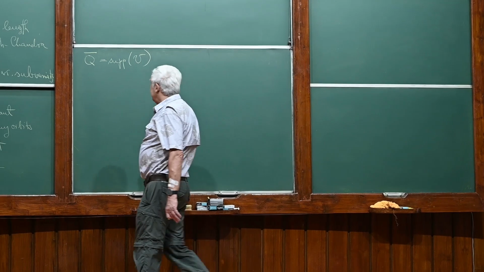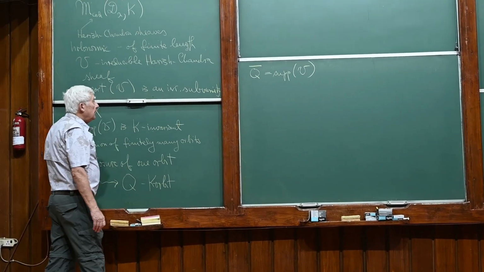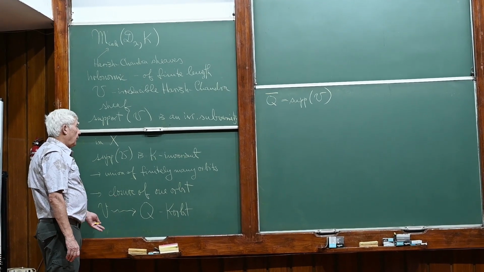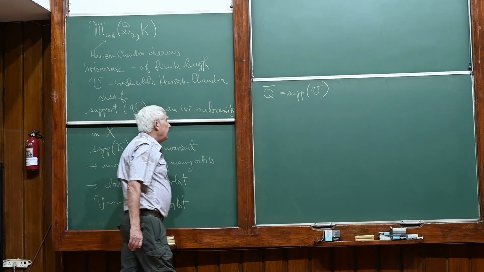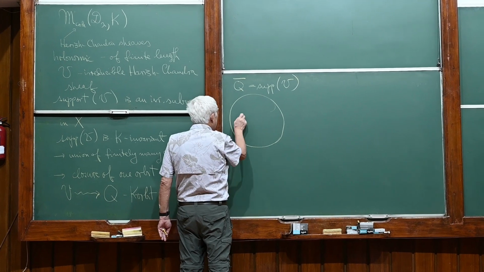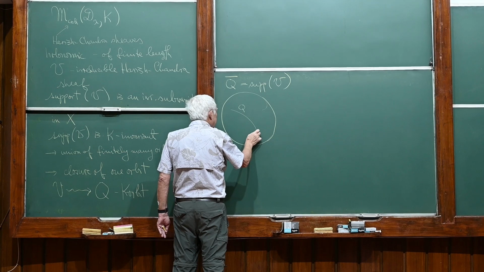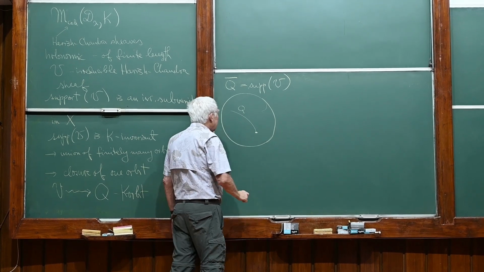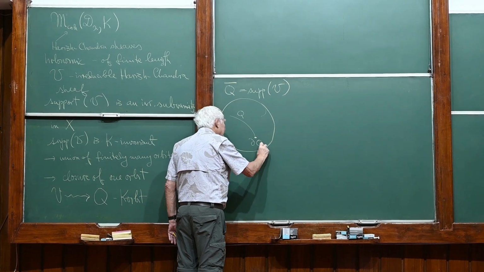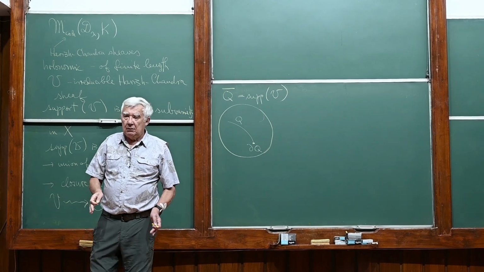This is the second step. The first information is this orbit attached to V. Now let's look at the picture we have. We have our orbit Q, and we have its closure. There is, I don't know how to draw the picture, but there is something in the boundary of Q which we do not understand at all.